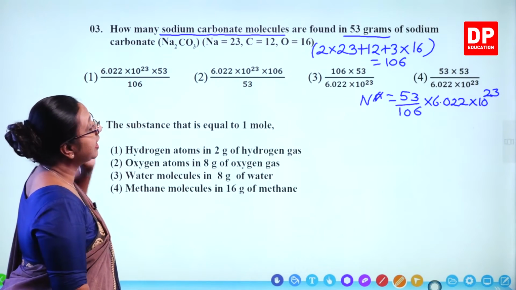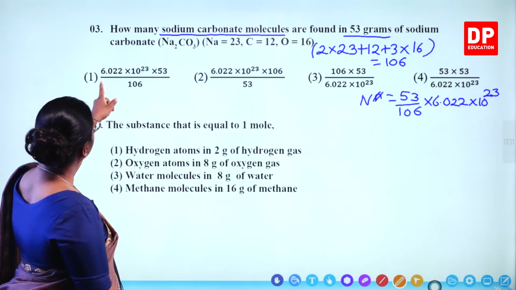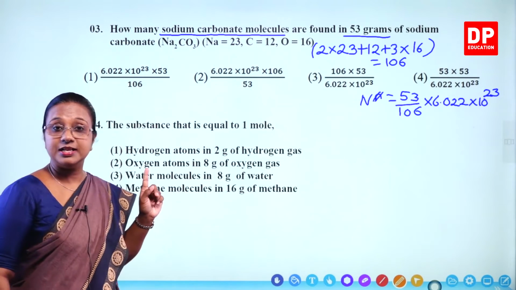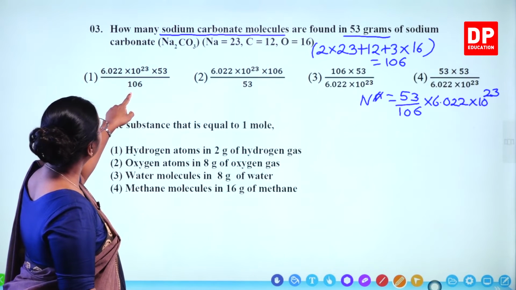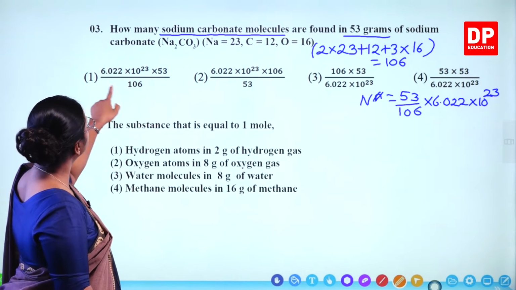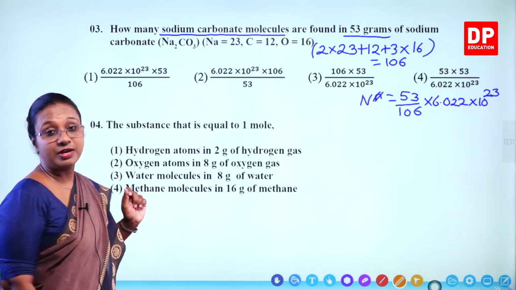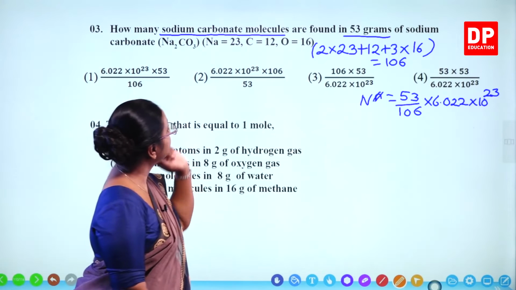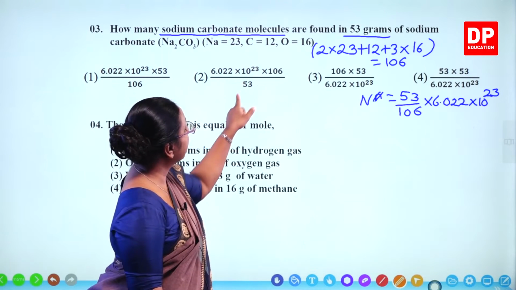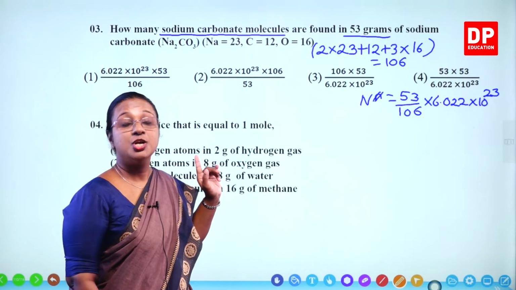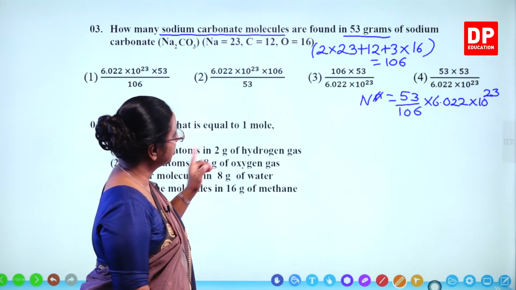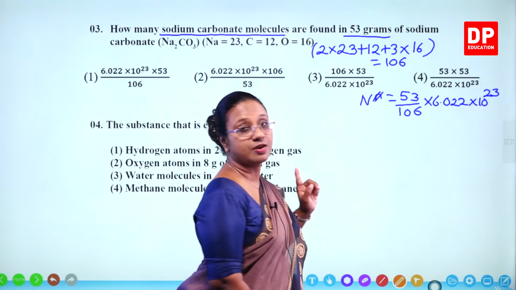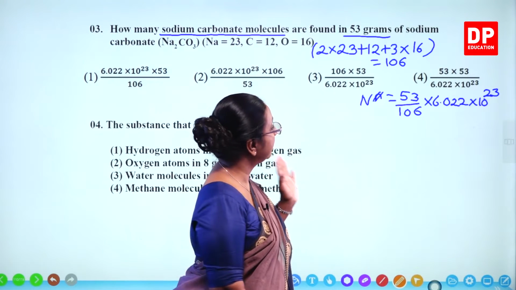So can you find that equation here? Now look at the first one. The values are in a different order, but it is the same thing: 53 divided by 106 into 6.022 into 10 to the power of 23. So that is a correct equation. Here, the 53 and 106 have been switched, so that's not the correct equation. Here they have 53 multiplied by 106 on top, so that is also incorrect.